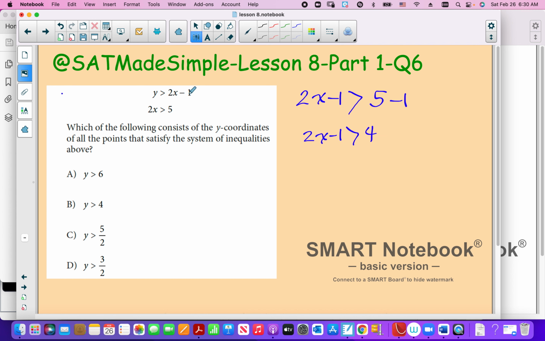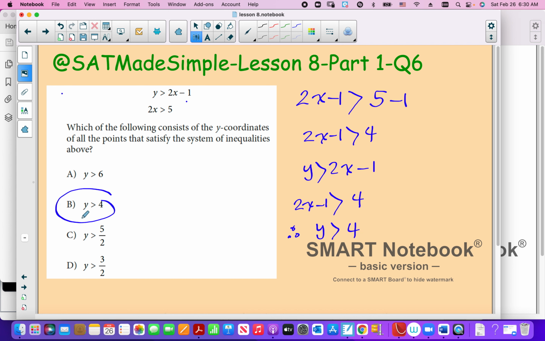Notice that y is greater than, so we have a transitive property in here. y is greater than 2x minus 1. 2x minus 1 is greater than 4. Using the transitive property, that implies therefore y is greater than 4.